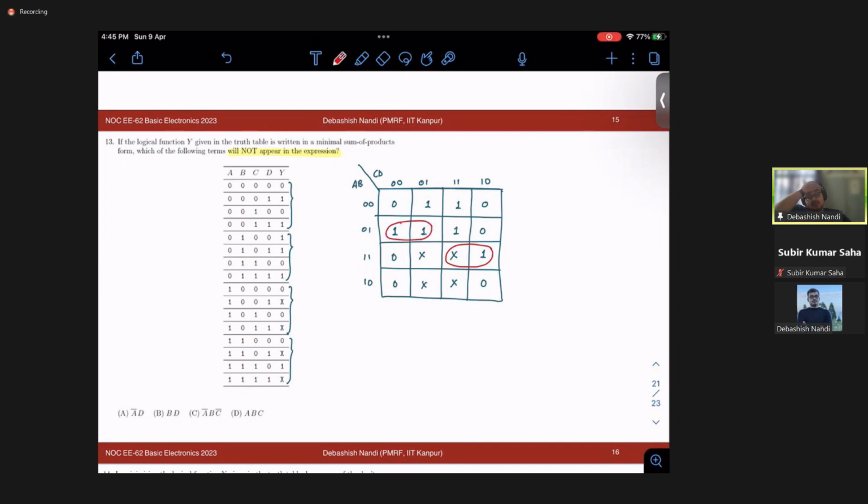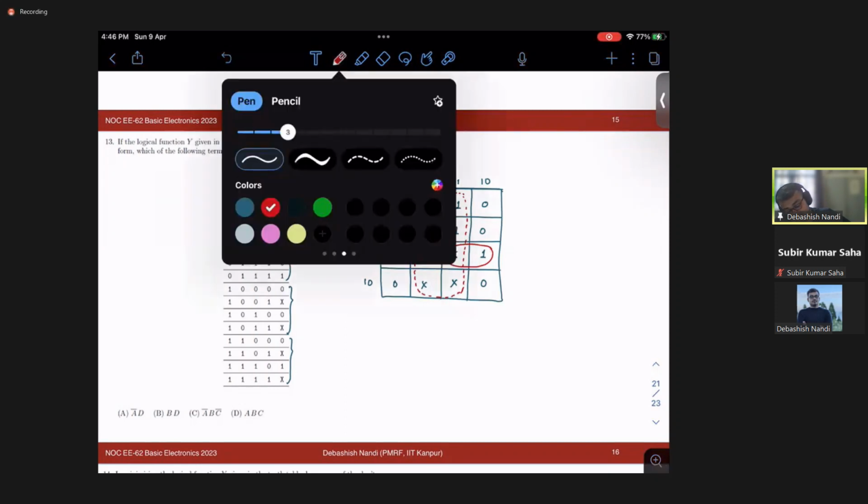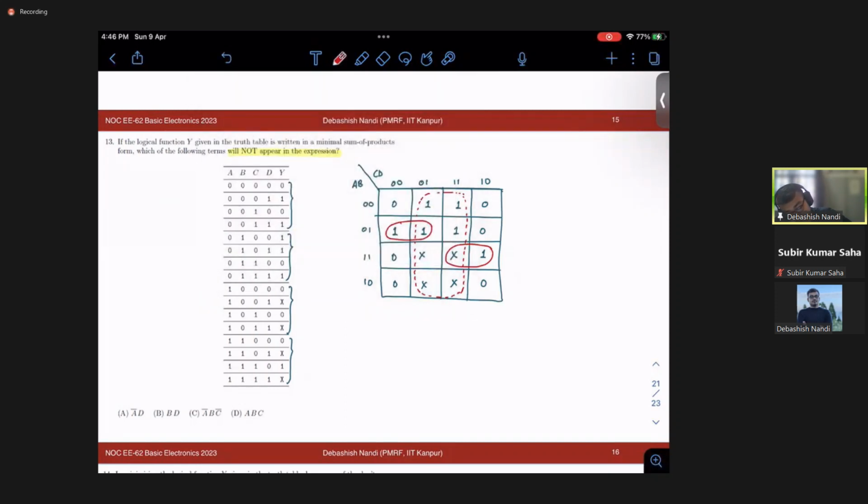Then what about the other stuff? Here, we can make a group like this, taking all the don't care options, or we can simply make a group here, right? Among this.